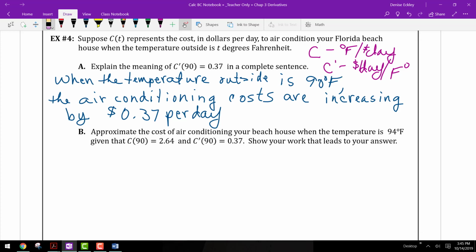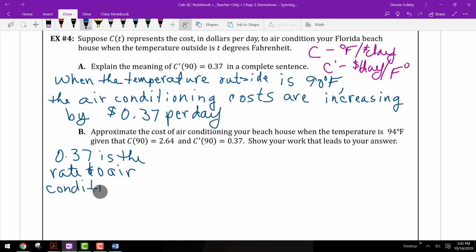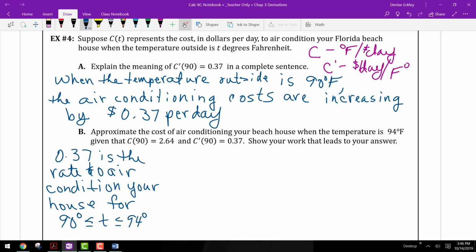So let's just write a couple things down here, starting with that the 0.37 is the rate. Want to remember that's the rate to air condition your house for temperatures, we're going to say for this part, between 90 and 94 degrees, even though that's a big change, 4 degrees, but for the conditions we're given, that's what we're going to have to work with.